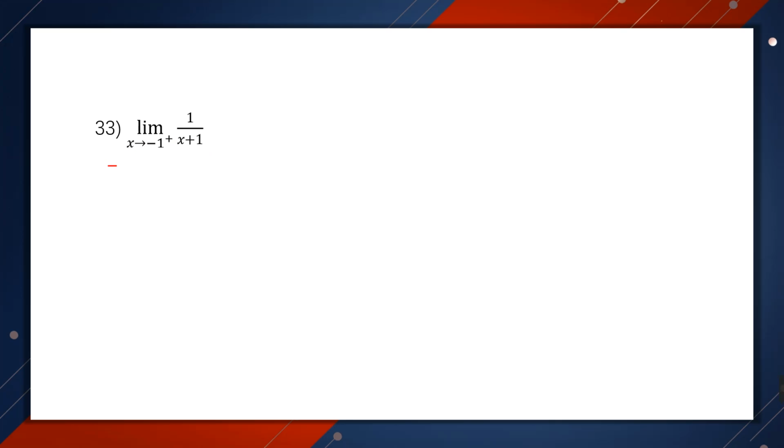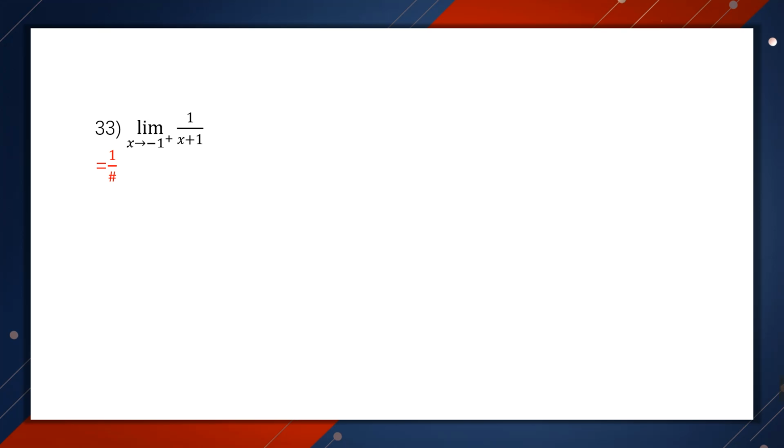And then the limit of 1 over x plus 1 as x approaches negative 1 from the right side. We should find that when x equals negative 1, the denominator of the function is 0.